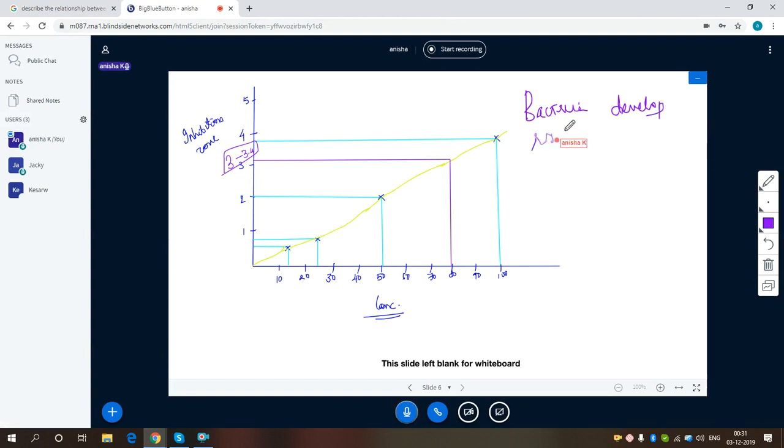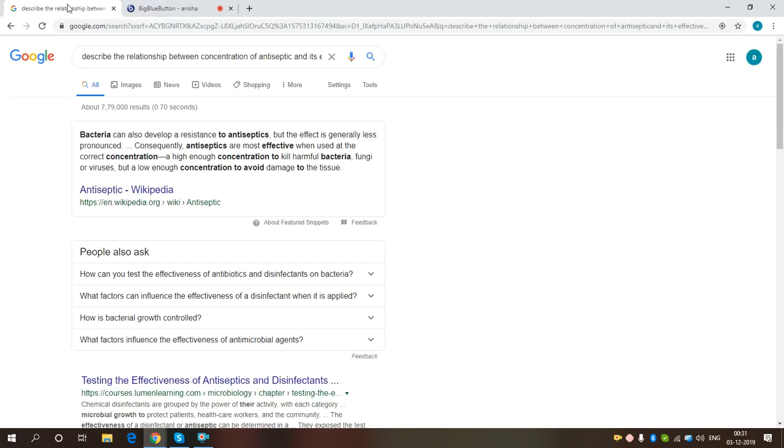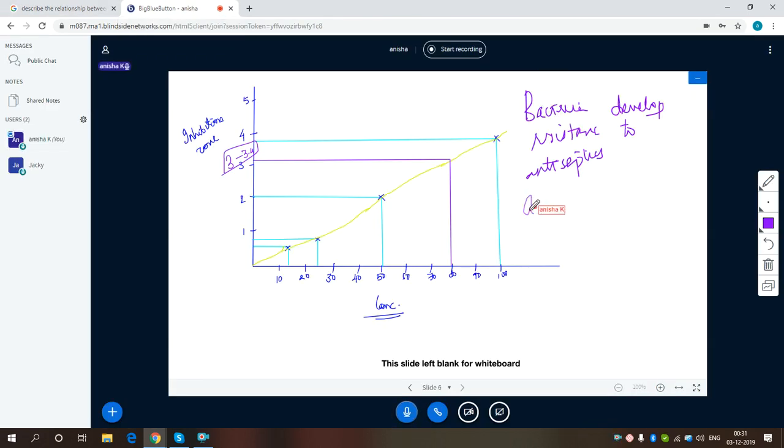Also, we can say that these antiseptics are very effective when we are using a proper concentration. So if we have a proper concentration of antiseptics, we can actually kill the bacteria. But if we use a concentration that is very high or very low, it can only damage the tissue.